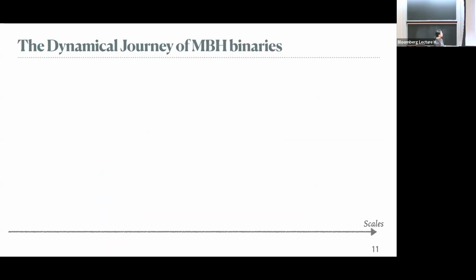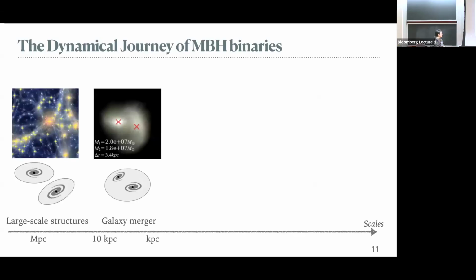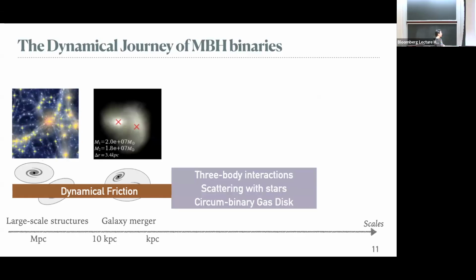Here I want to briefly introduce the dynamics of massive black holes and the different things that can affect them. As I previously showed, we have galaxy mergers, and after galaxies merge, it's usually the dynamical friction from stars, dark matter or gas that can shrink the orbit down to scales of a few tens of parsecs.